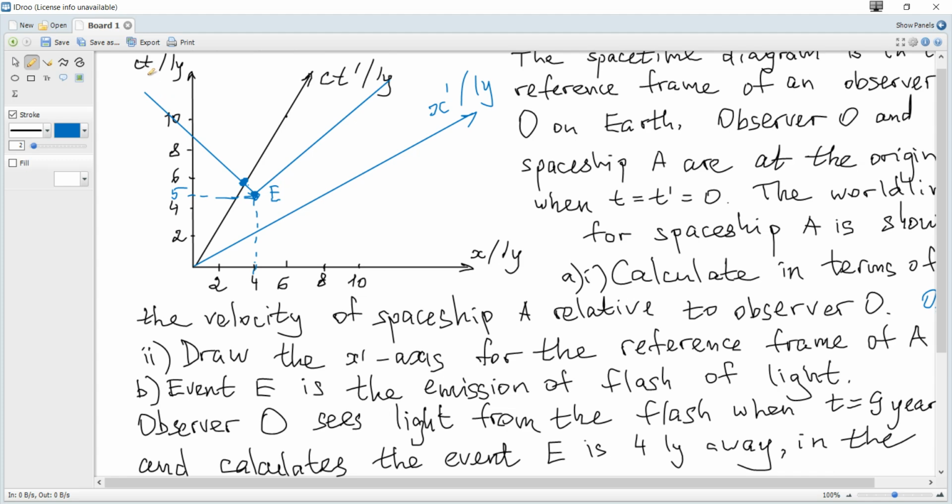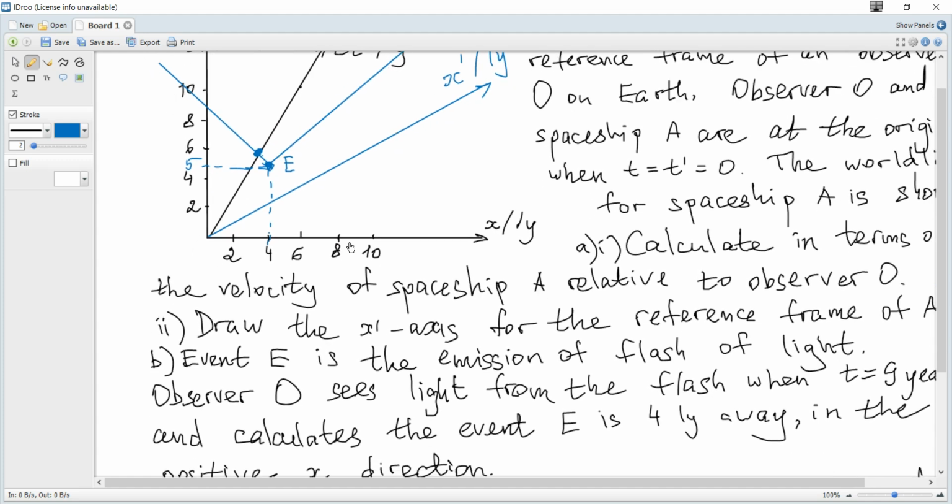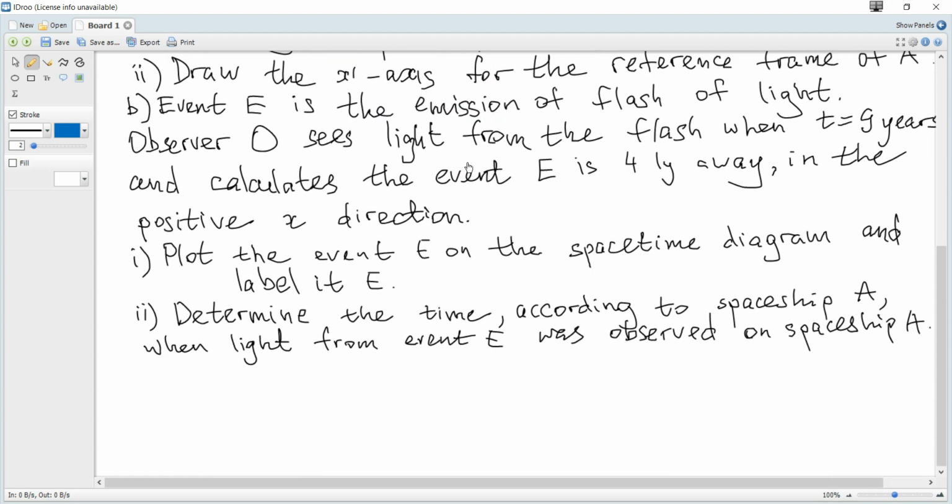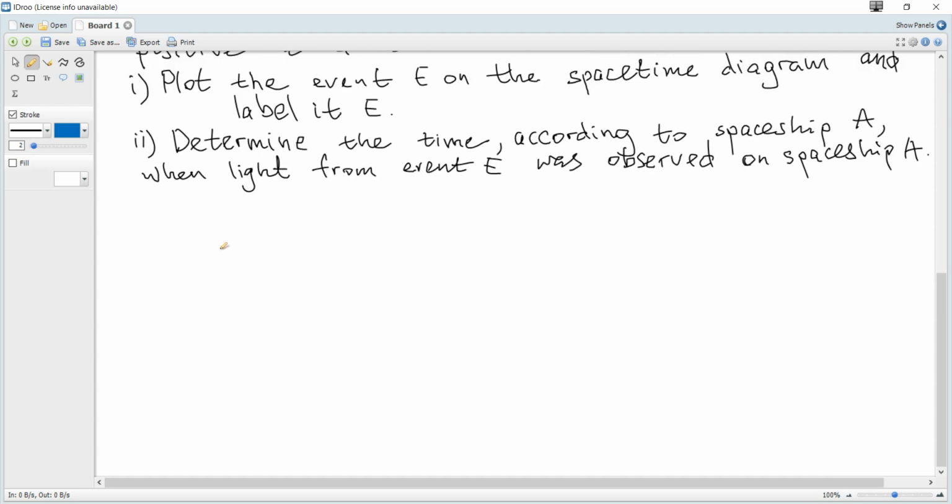Since the scale for the unprimed frame is given, we can find this coordinate on ct directly from this graph, and if you do it accurately, its ct is 5.6 light years.